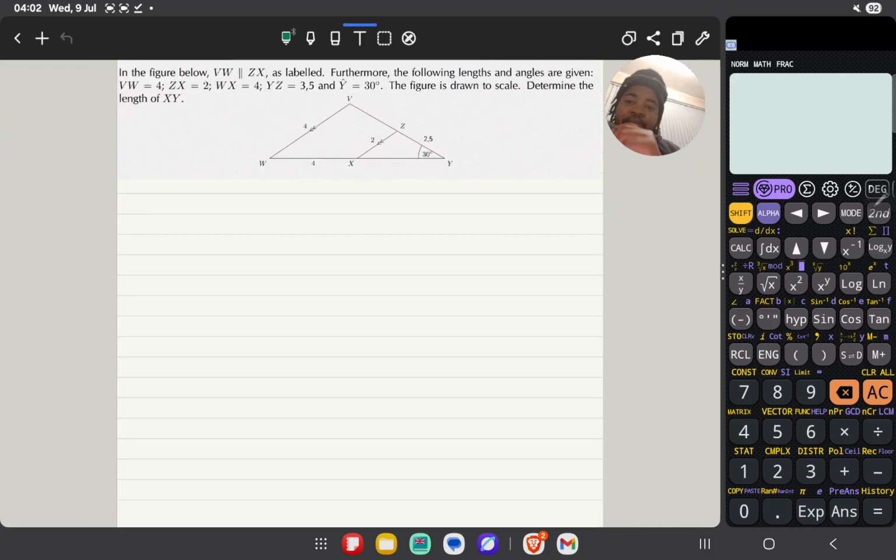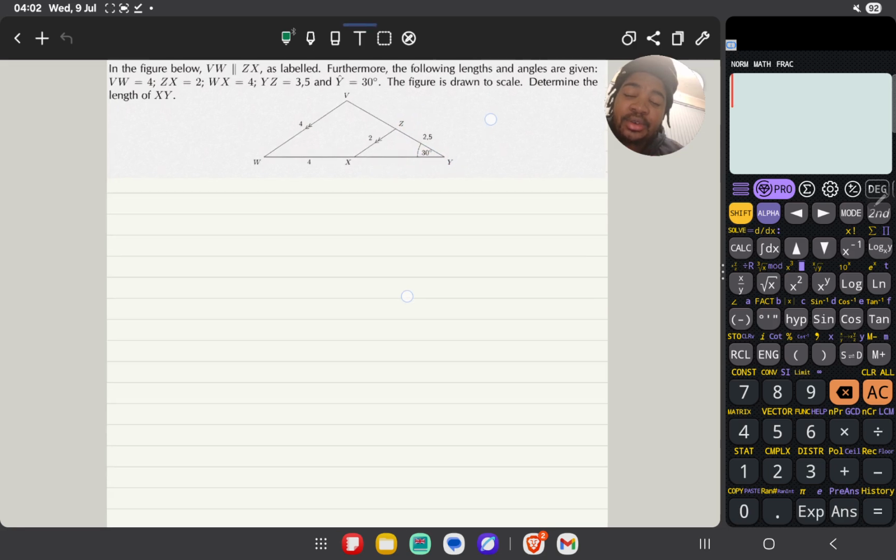Maybe let me remove this. So in the figure below, we are told now that these are parallel and they are labeled. Furthermore, the lengths and the angles are given. We have 4, we have 2, we have 4, and we have YZ. It's very funny. They have 3.5, they wrote 2.5.